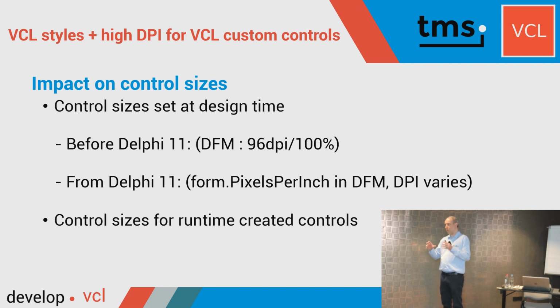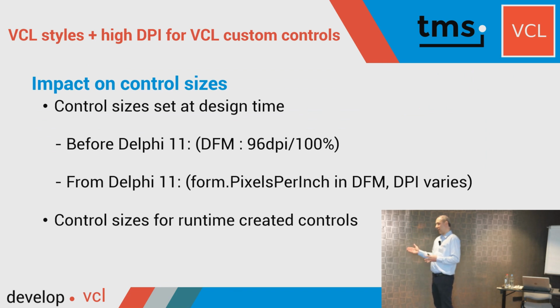And so if you create your application this way, you run it on the machine of your customer that has maybe no High DPI enabled yet, then the Delphi VCL framework will take care of it: okay, my form was designed on, let's say, 200% DPI. Now I'm running on a 100% screen. So let's scale, let's divide width and height by 2 to match what the customer is having.